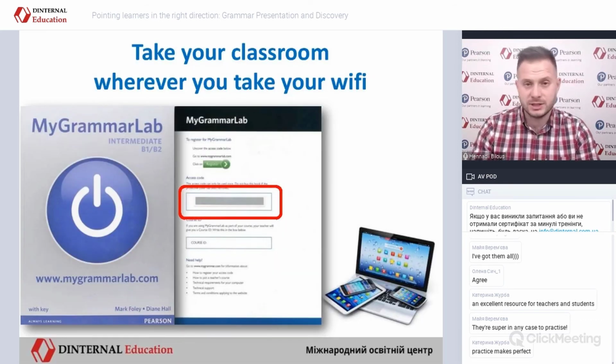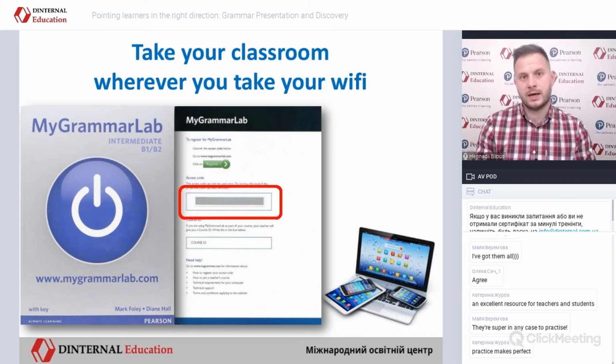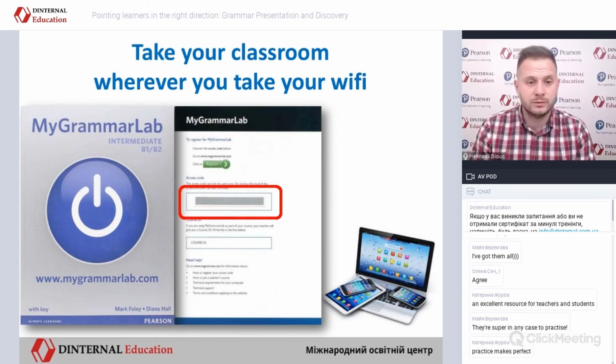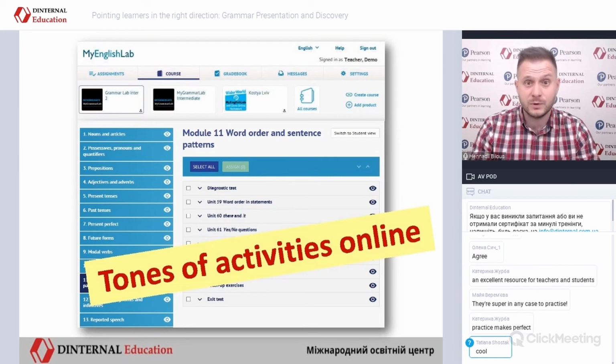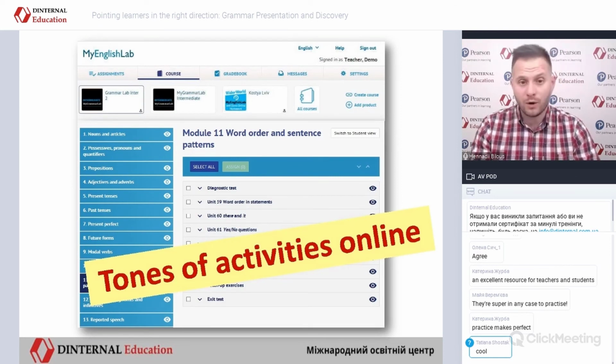You have a chance to work on the platform My English Lab, and it lets you create a classroom wherever you have Wi-Fi, or even mobile internet is fine. So it gives you lots and lots of different benefits. If we go over them, there are even more practice activities online.